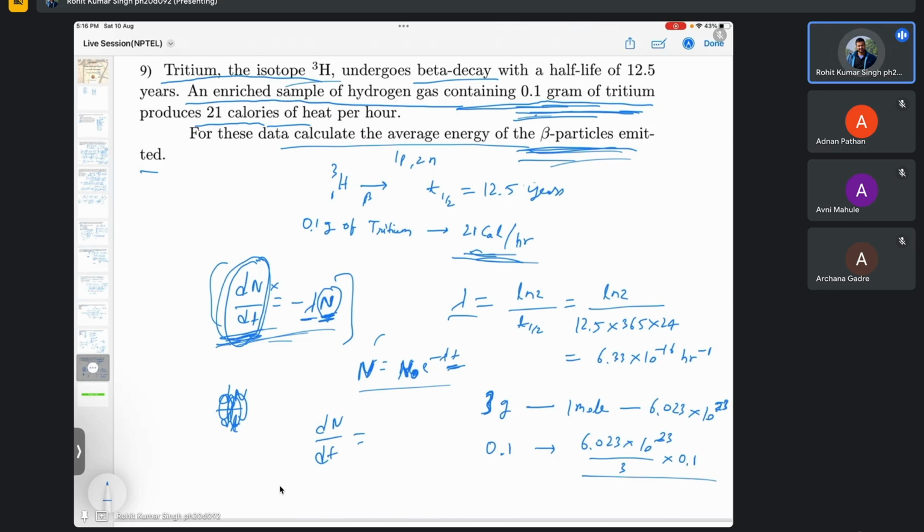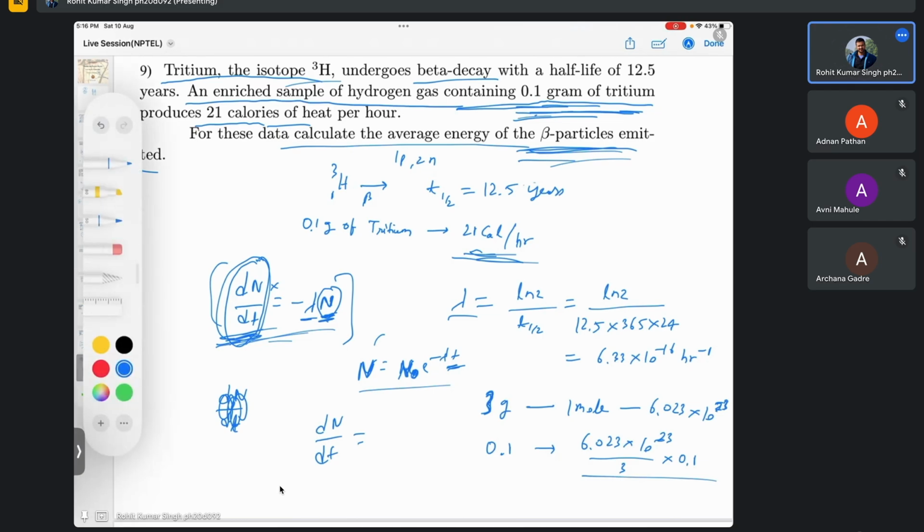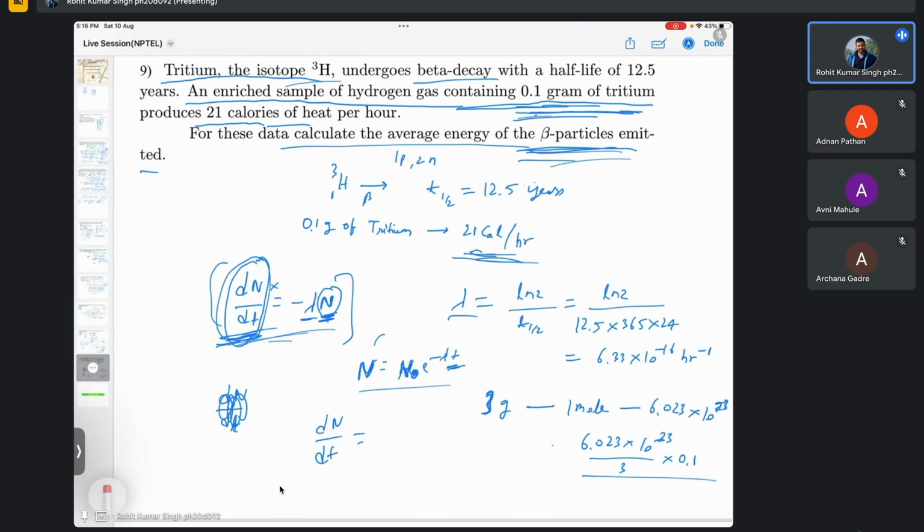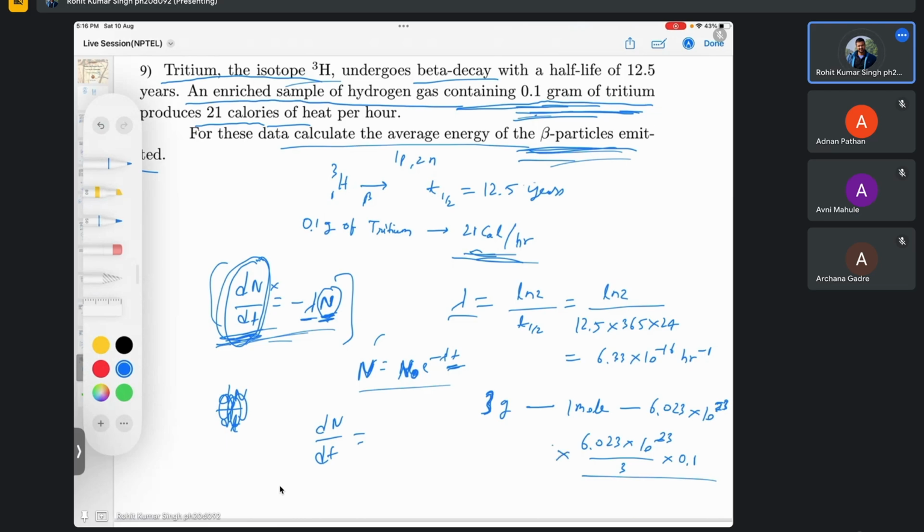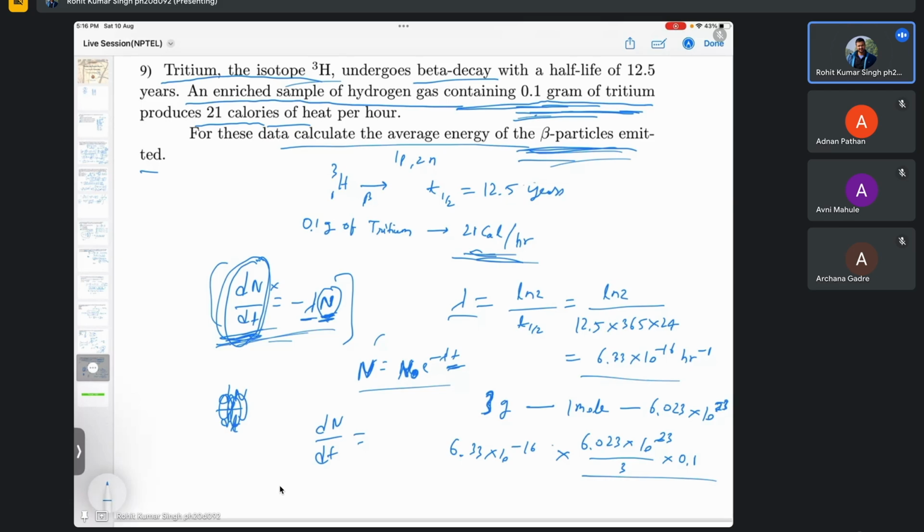So dN by dt will then simply be this number into the lambda that we calculated, 6.33 into 10 to the power minus 16 per hour.